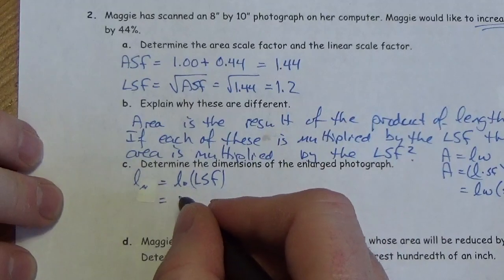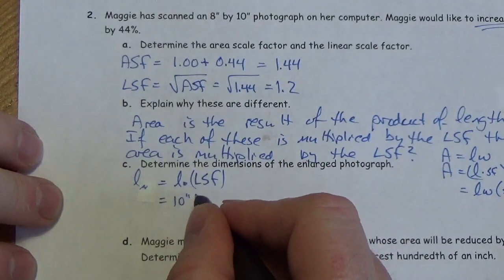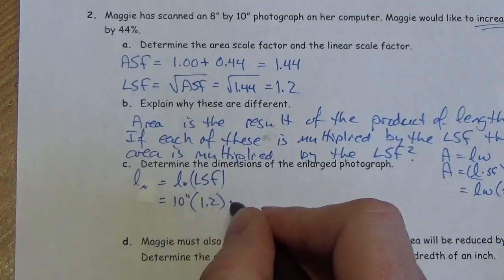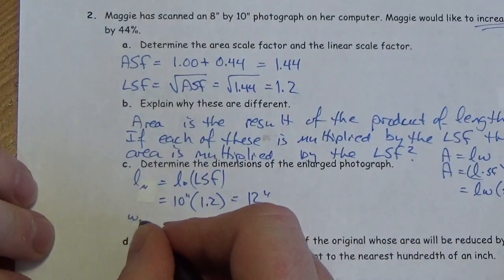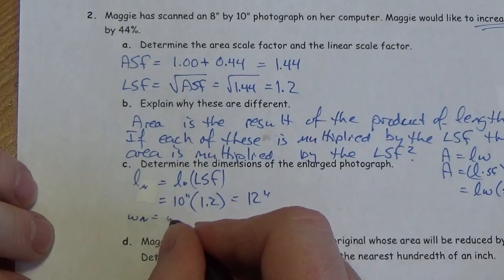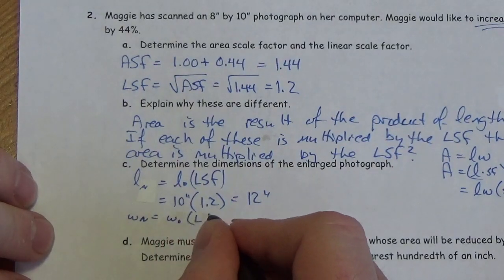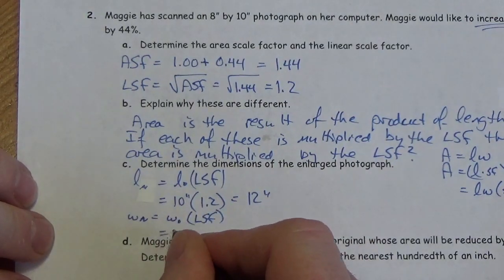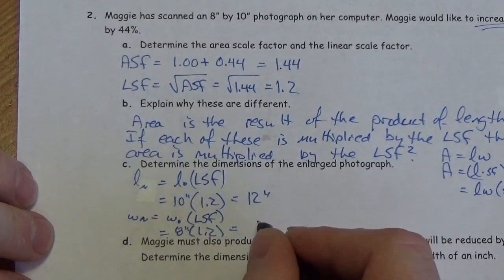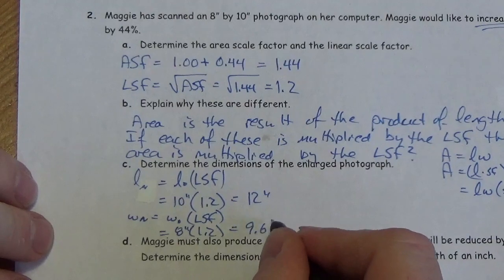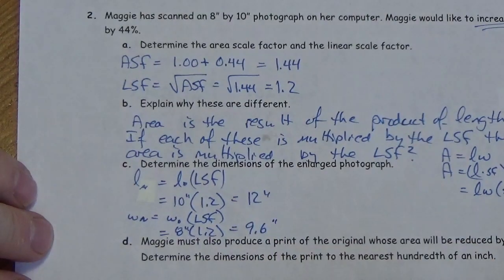So that is going to be 10 inches multiplied by 1.2, so it's going to be 12 inches. Our new width is going to be our old width multiplied by our linear scale factor. It's going to be 8 inches multiplied by 1.2, and that's going to be 9.6 inches.